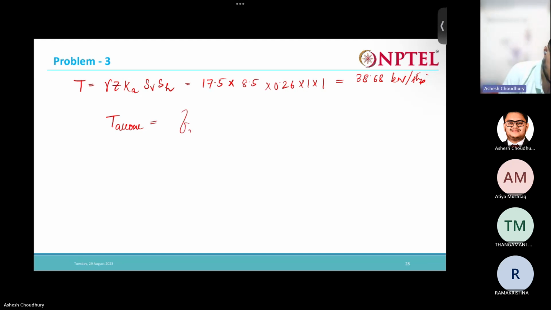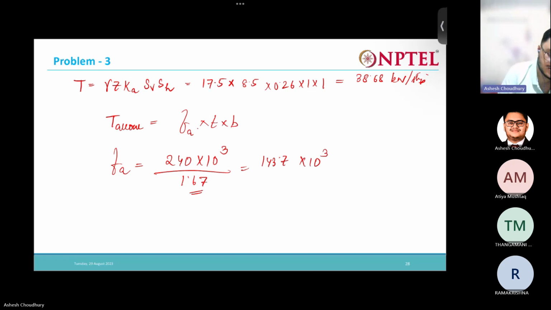T allowable is F allowable into thickness into width. So what is F allowable? F allowable is 240 MPa divided by 3 divided by 1.67. This is given, right? Factor of safety for steel, it is given. It will be 143.7 into 10 to the power 3 kilonewton per meter square. This is Fa. Therefore, T allowable is equal to 143.7 into 10 to the power 3 into thickness, which was 5 mm, and width 100 mm.